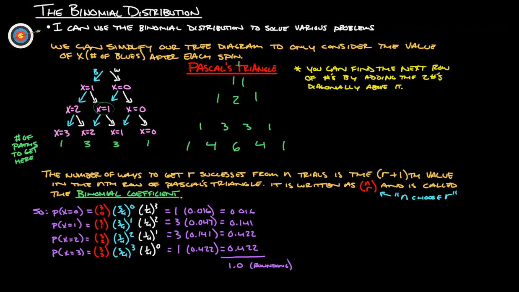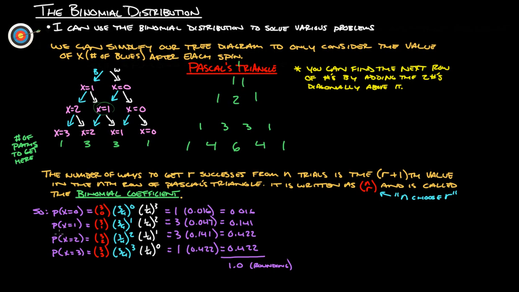There's 3/4 probability of each of these spinners popping up blue, but now we're asking what's the probability that none of those pop up as blue? So that would be 1/4 white, 1/4 white, 1/4 white. That's 3/4 to the 0 power, and remember, anything to the 0 power is just 1, and then 1/4 to the 3rd power gives us 0.016. It's actually 0.015 something or other, but we rounded to 0.016.